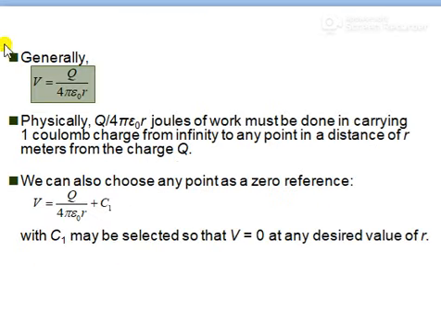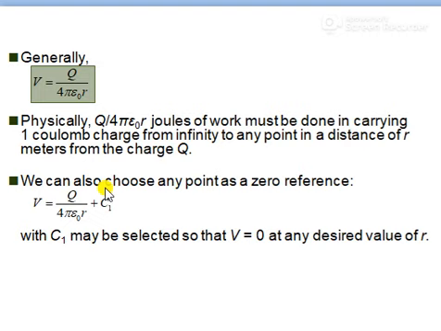So generally the equation is V equal to q by 4 pi epsilon naught r. Physically, q by 4 pi epsilon naught joules of work must be done in carrying 1 coulomb of charge from infinity to a point at a distance of r meters from the charge q.